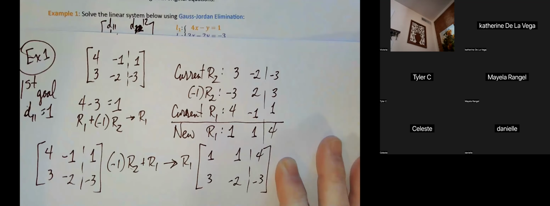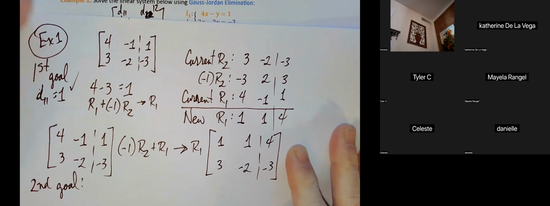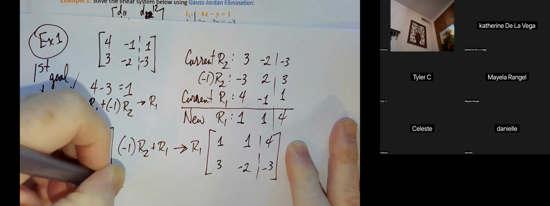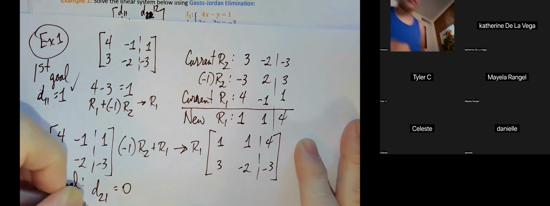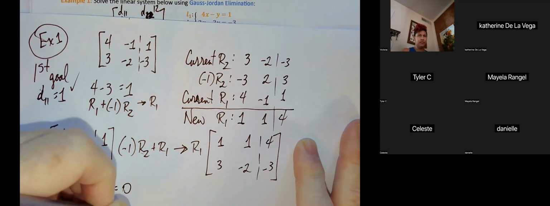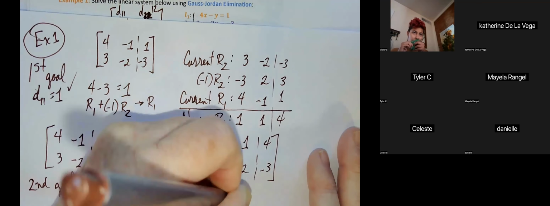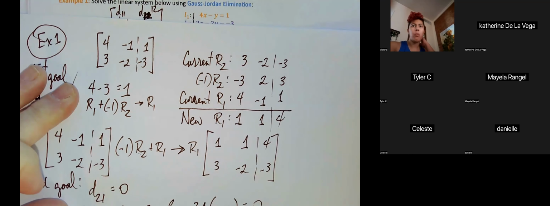So that's our first goal. What's the second goal? To make the 3 a 0. That's right. And so since D21 equals 3, and we need to get to 0, what can we add to get -3?